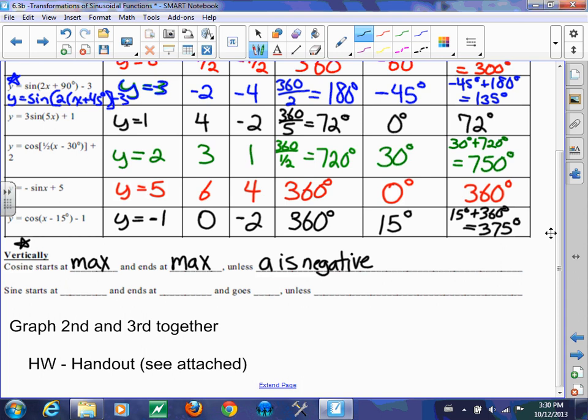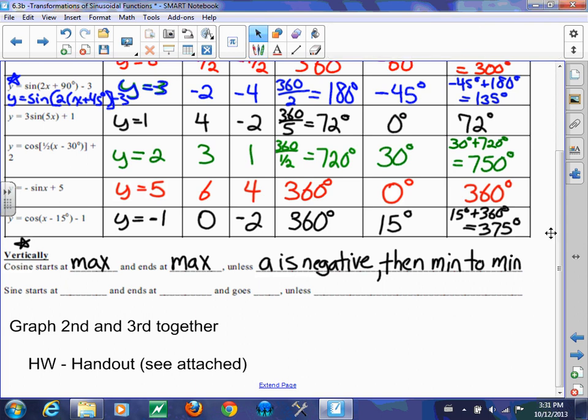So instead of starting at its max and ending at its max, if it's negative, it's going to start where? It's going to start at its min, so it's going to go min to min, because it reflects, right? All right, let's take a look at our sine curve.